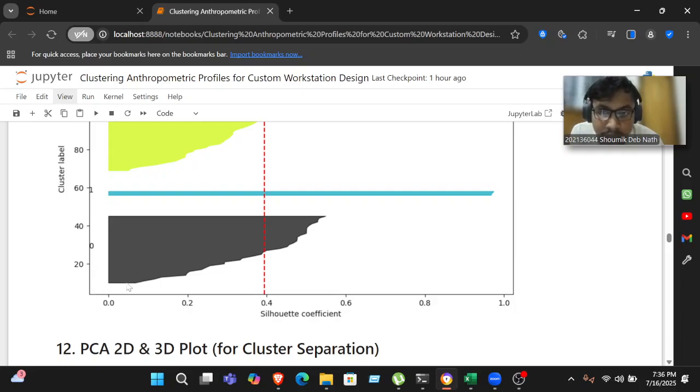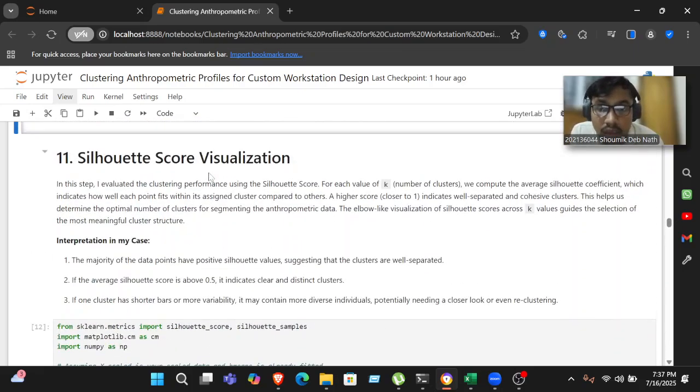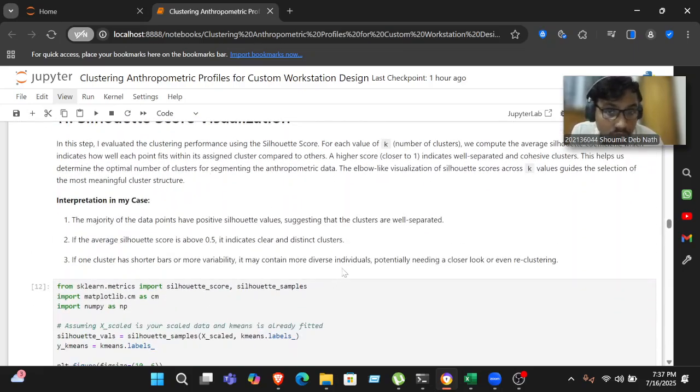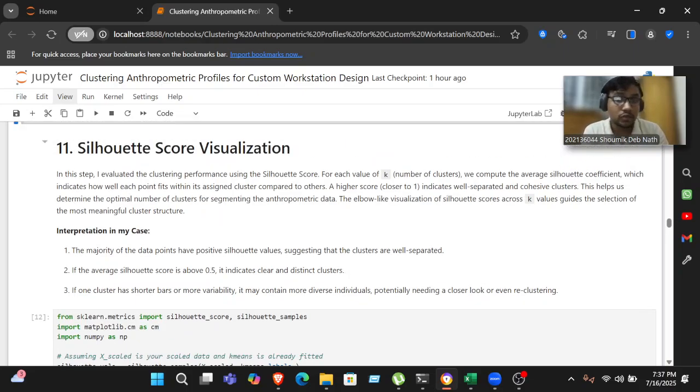Its bar is kind of short, and as its bar is short, that means it has variance in terms of the diversity of individuals. So that's the thing in terms of Silhouette visualization and scoring.